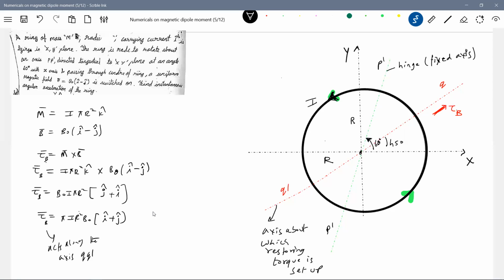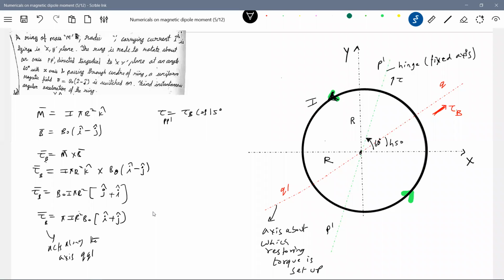What to do now? In a situation like this, go back to the rotation mechanism. Torque is an axial vector. The component of torque which is acting along PP dash, you have to resolve that. So what is the torque acting along this direction? We'll take tau. So tau PP dash equals tau B cos 15 degrees, the component of torque acting along PP dash.